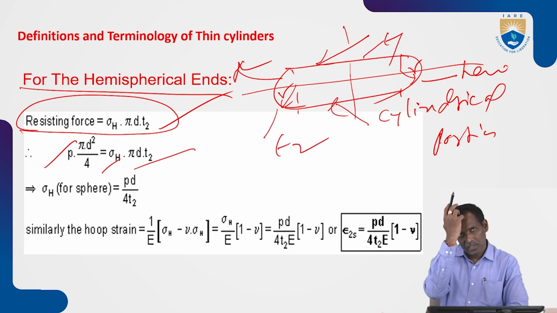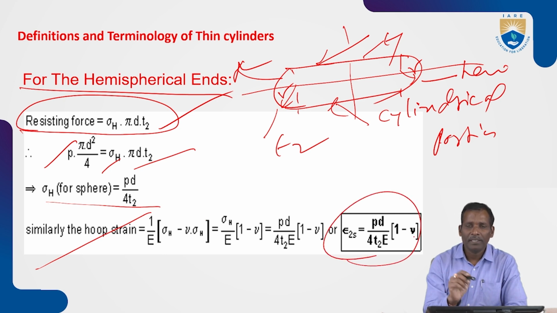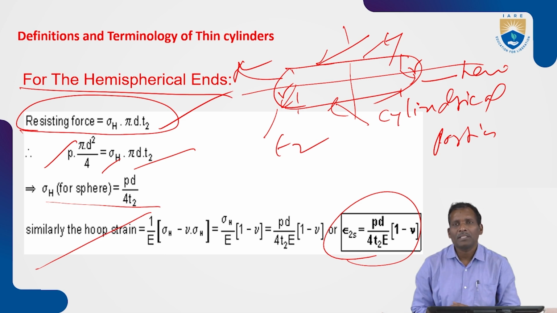The resisting force is the stress multiplied with area. Finally, for the spherical portion, the hoop stress is PD by 4T2. Similarly, the hoop strain is 1 by E into (sigma_h minus mu into sigma_h), so finally we get PD by 4T2E into (1 minus mu). This is the hoop strain relation.